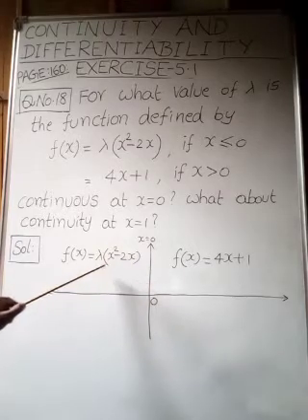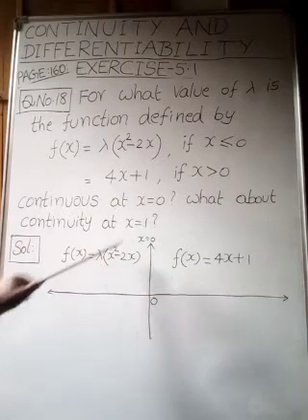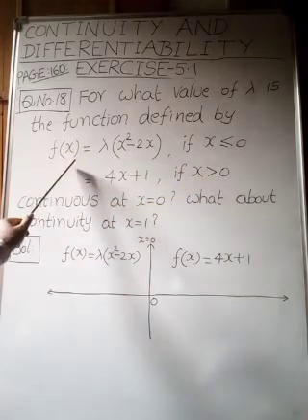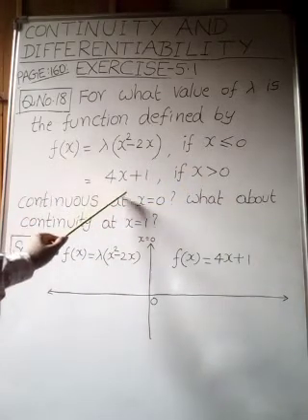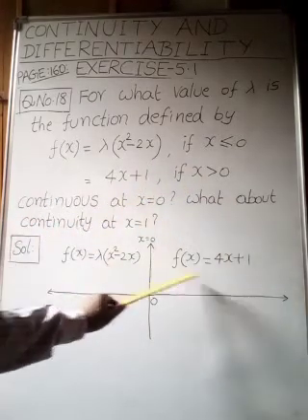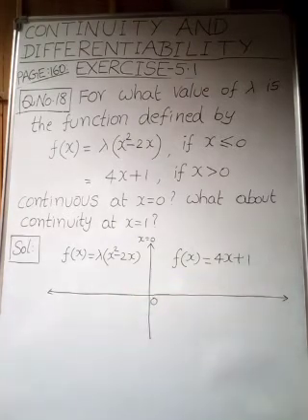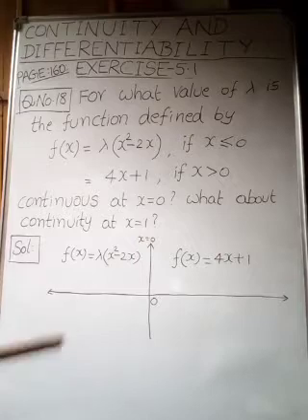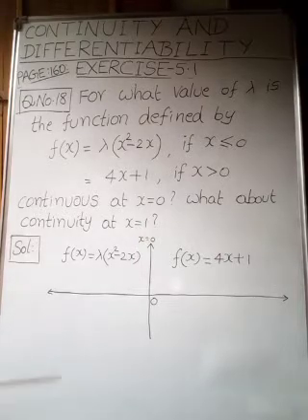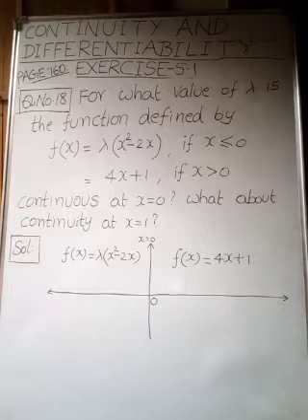So left side I wrote here. If x is greater than 0, how is the function f defined? f of x is equal to 4x plus 1. So right side of the 0, I wrote here f of x is equal to 4x plus 1. So in this case, we have to find left hand limit and right hand limit of f at x is equal to 0, and we check the continuity and find the lambda values.